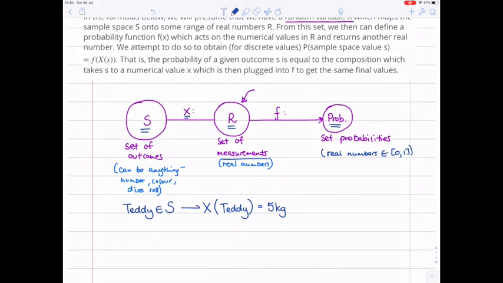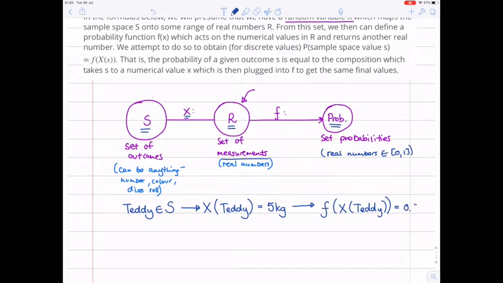So we've gone from having an element of the sample space to having some measurement of our element of the sample space, in this case baby Teddy. And then if you plug that into one of the forms that doctors have, you can measure what the probability is of baby Teddy having that particular weight.